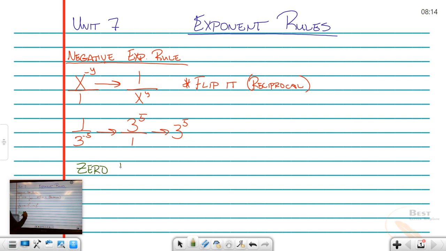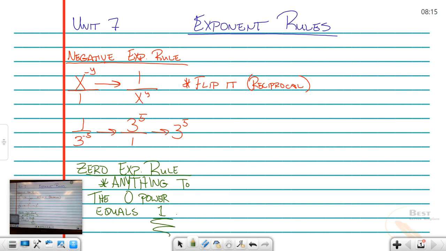So, the 0 exponent rule. This one's simple. Anything to the 0 power equals 1.